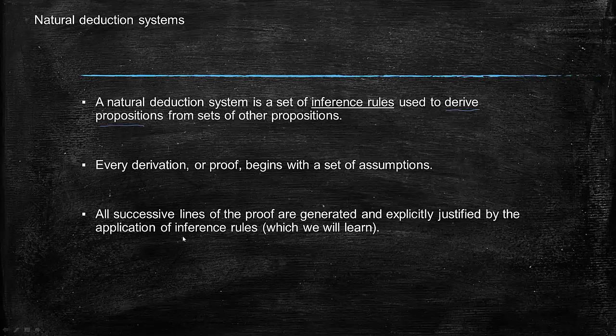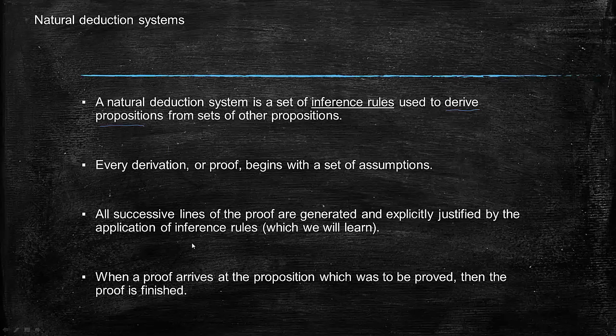Very important to realize that this is not an extension of our refutation tree rule system. This is an entirely new system, so we'll be learning new rules. And when we arrive at or derive the proposition that we've been asked to prove, then the proof is over.